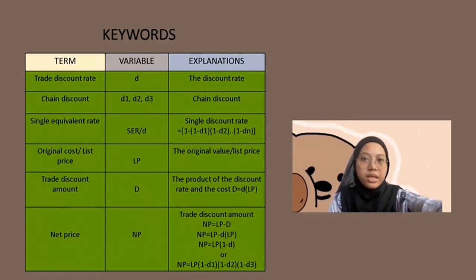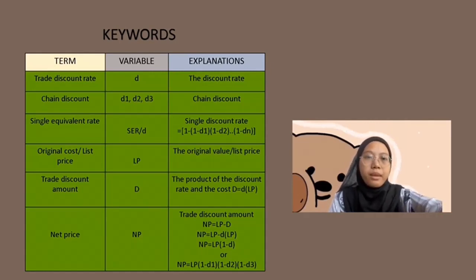NP equals LP minus D, NP equals LP minus d times LP, or NP equals LP times bracket 1 minus d bracket, or we can use NP equals LP times bracket 1 minus d1 bracket, bracket 1 minus d2 bracket, bracket 1 minus d3 bracket.